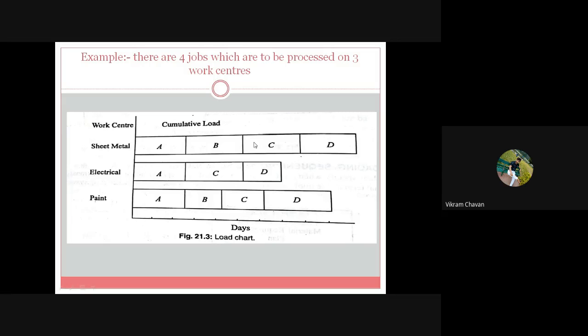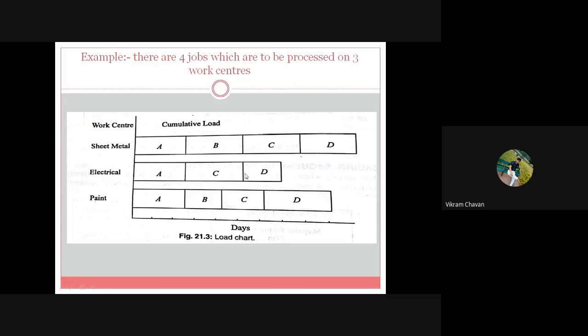In a similar manner, it will show the time period for all the remaining jobs, that is B, C, D. How much time is required on the electrical workstation for C job and D job? Then how much time is required on the paint section for A, B, C, D jobs?